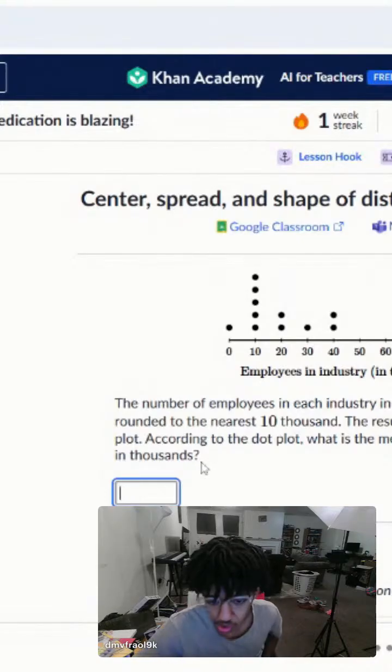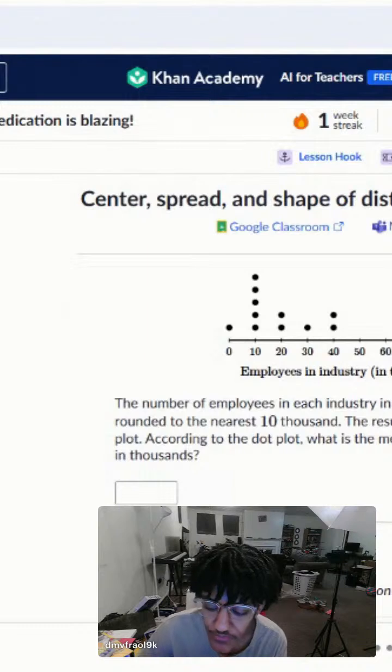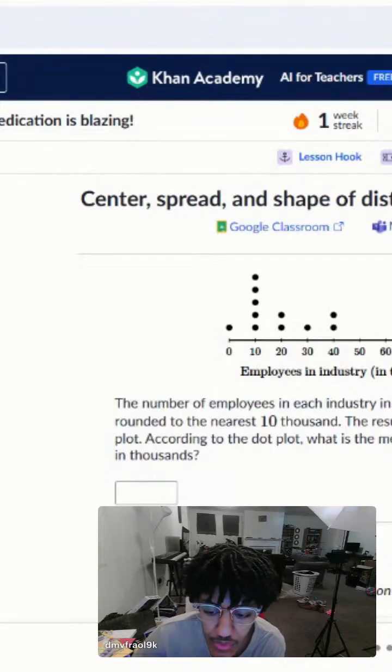No, it's not 10. Okay, then let me see. It's not 10. So what is it then? I don't know. The median?